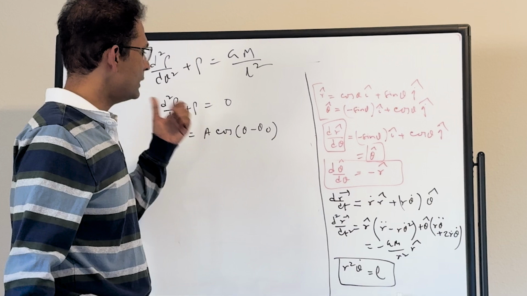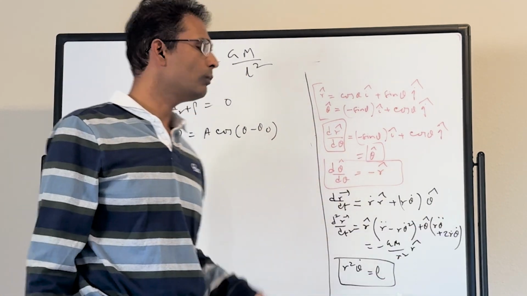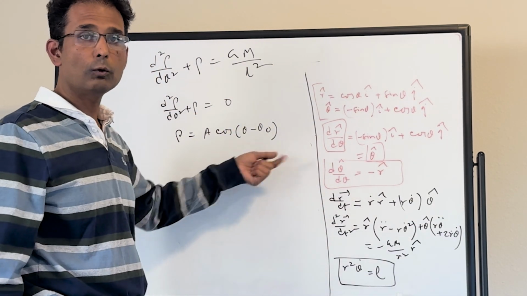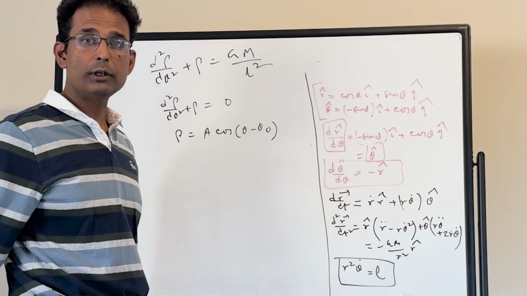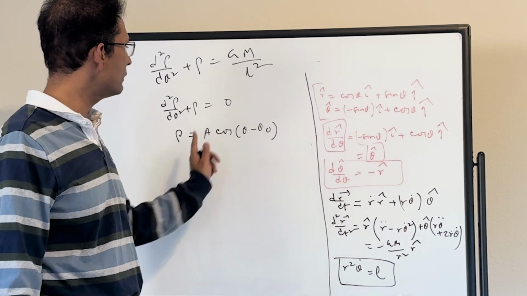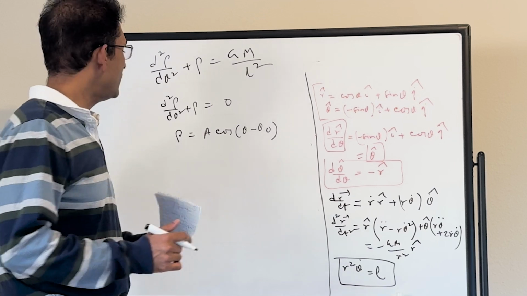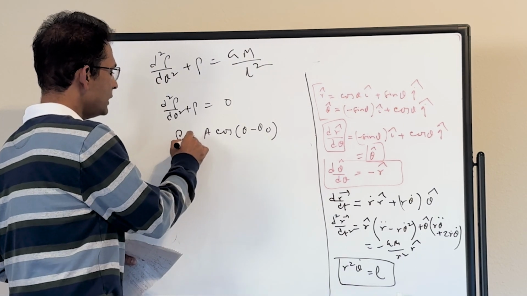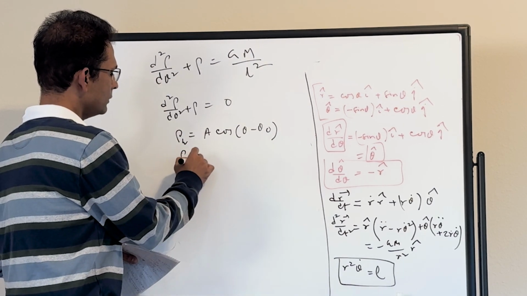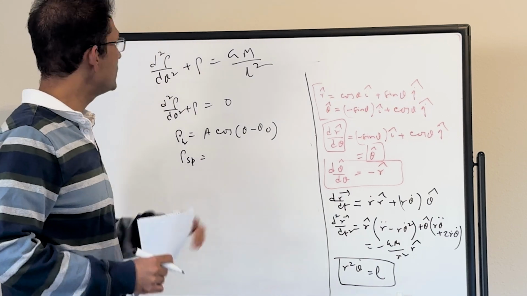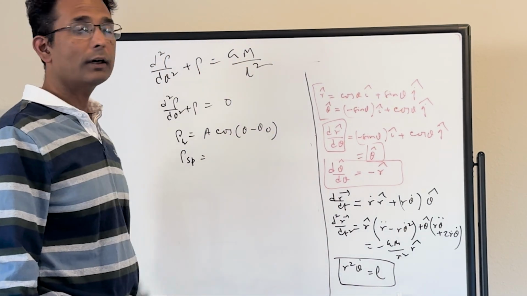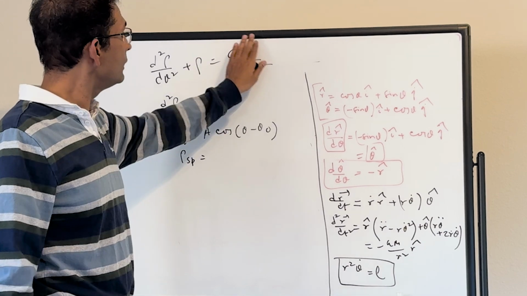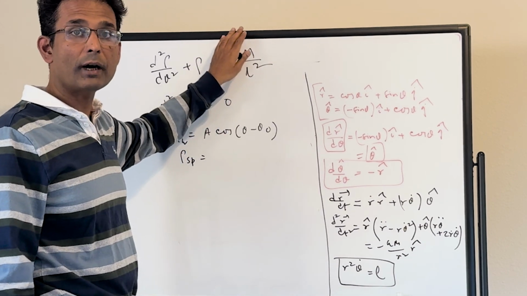You can also write it as A cosine theta plus B sine theta, which is equivalent to this statement; you can go back and forth between these two forms. So this is rho homogeneous, and then you have rho special. A special solution means you look for one solution which will satisfy this equation, with a source term, as they say, on the right side.